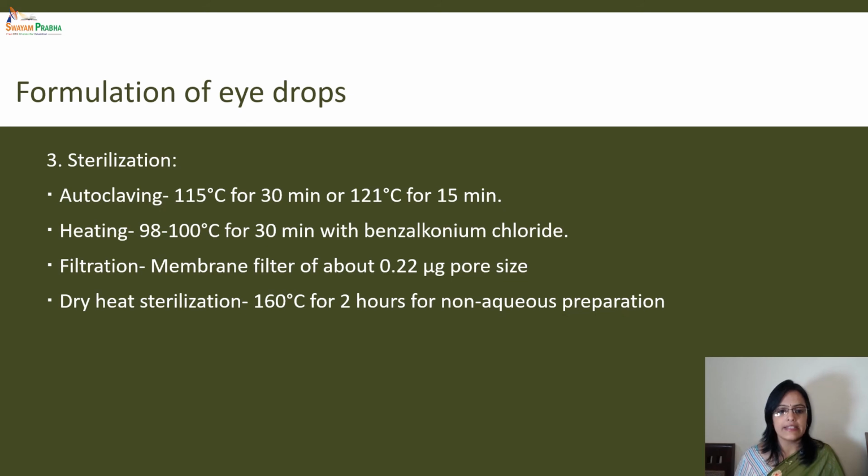Heating at 98 to 100 degrees centigrade for 30 minutes with benzalkonium chloride, filtration, and dry heat sterilization. All these methods are adopted for sterilization.